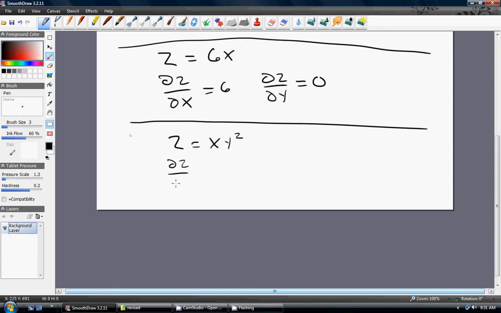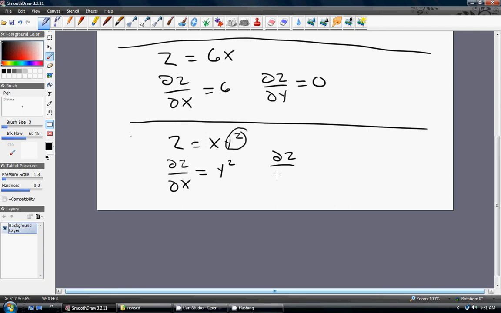Partial derivative of z with respect to x here is going to equal y squared. We're treating y as a constant, so we got some constant here, y squared multiplied by x. The derivative of x is just 1, so we get back y squared.